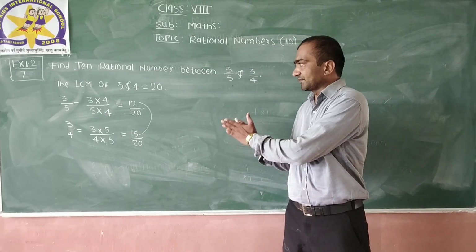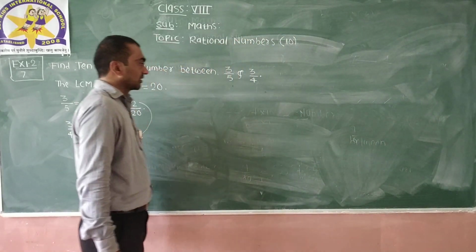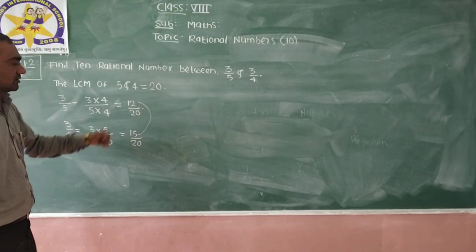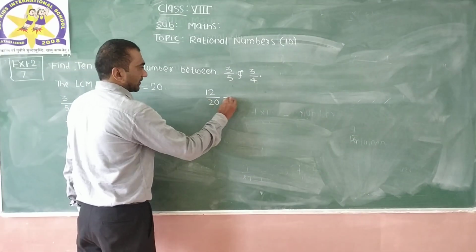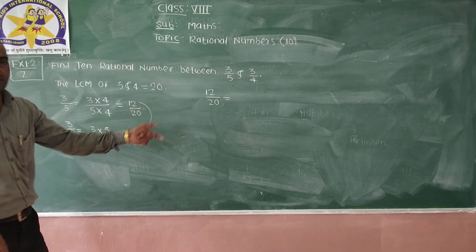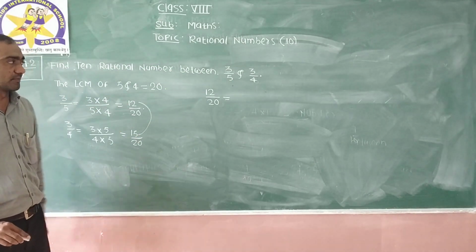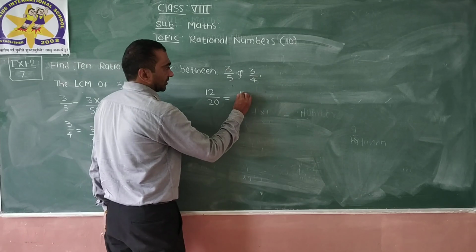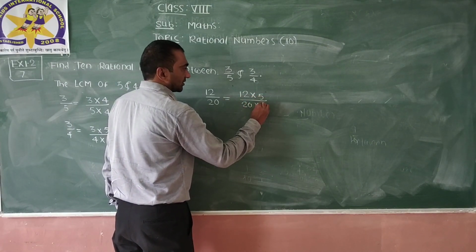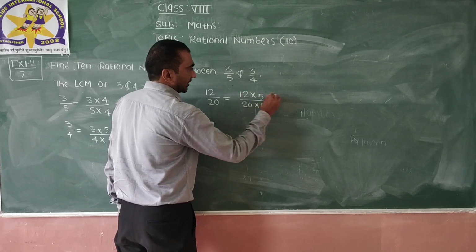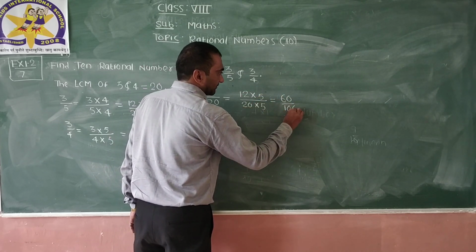So we convert their denominator equal to 100. How we can convert their denominator equal to 100? First rational number is 12 by 20. Multiply this rational number by 5 to the numerator and denominator. It will be 60 by 100.